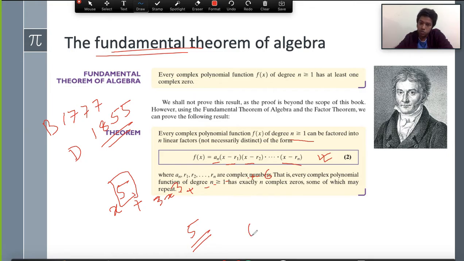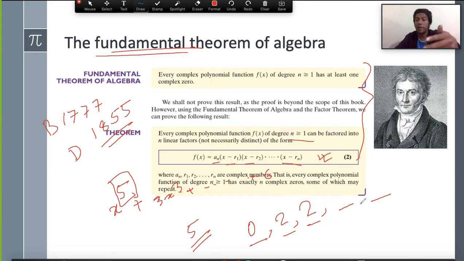Suppose one answer is 0, a real zero. Suppose another answer is 2, and another answer can be 2 again, the same thing twice. Then let's say 2 complex ones. This is what he is saying: there will be 5 answers, but some of them may be 0, some may be the same thing repeating, some may be complex.